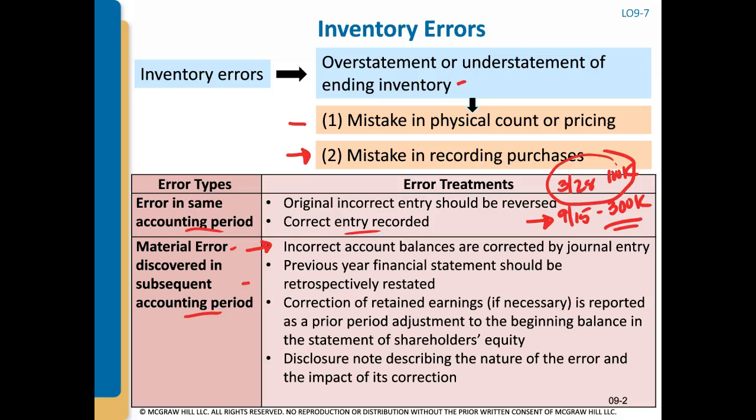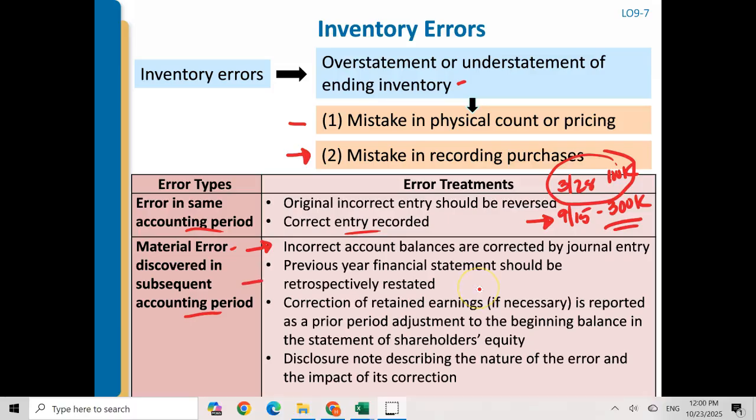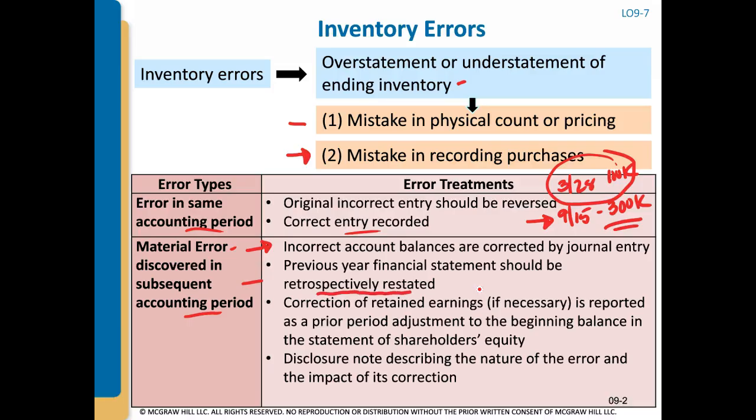The previous year's financial statements would have to be retrospectively restated. If you don't know what that means, go look at the video that I made about changes in inventory methods, because I go into a deep dive of what that means.